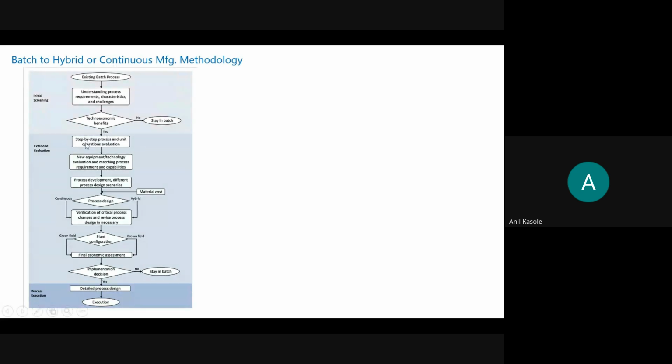So based on that, okay, it is feasible. Then the initial screening is there, right? And if we see yes, then we need to go with the very extended evaluation, a step-by-step process and unit operations evaluation. What are the units? What are the processes involved? Each process needs to be evaluated in detail.